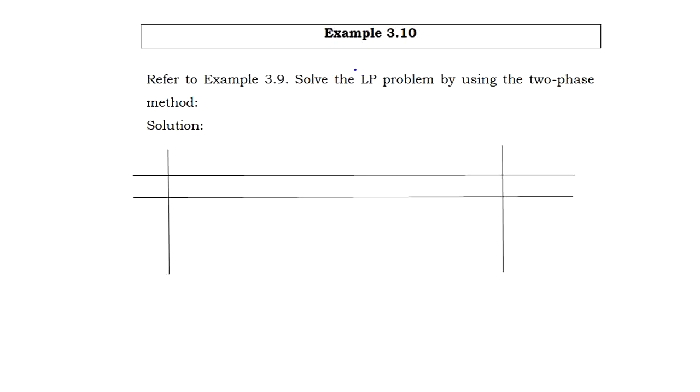For this case, phase 1, we have only two artificial variables, which are A2 and A3. So we want to minimize R equals to A2 plus A3.